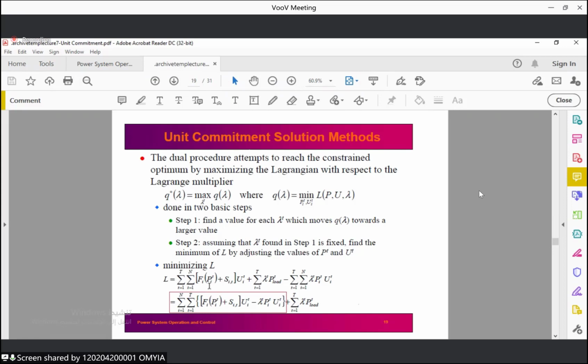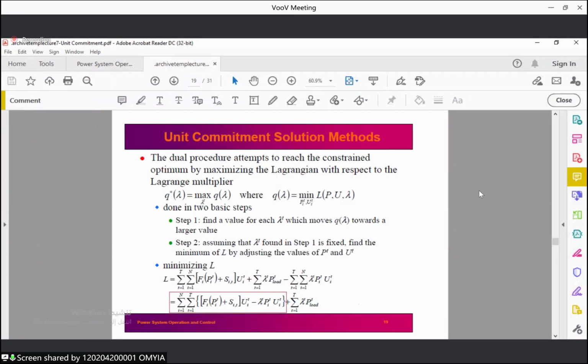This is the operation cost of the generator, and this is the startup cost. The unit has two states, 0 or 1, 0 for off and 1 for on. And this, before the breakup, is the load constraint.